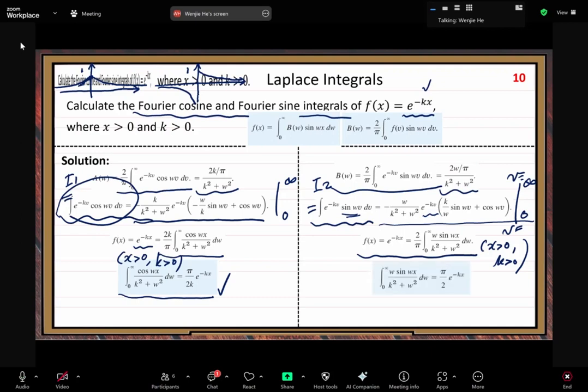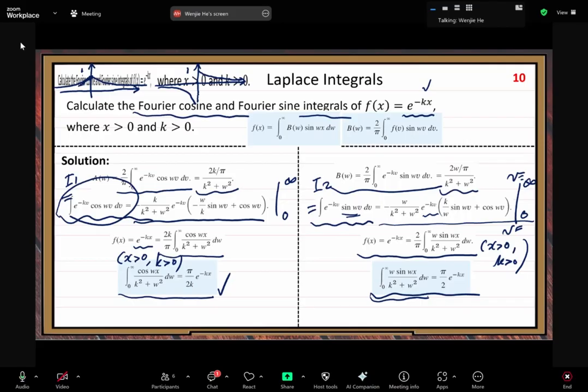So the final formula is non-trivial, right? If you need to calculate the left-hand side integral directly, it's very hard. How can you calculate it?